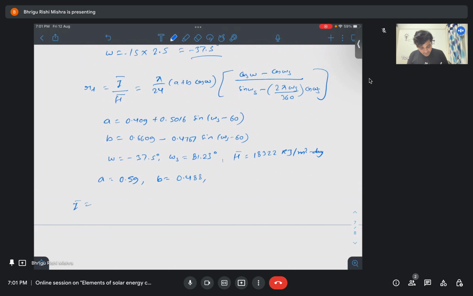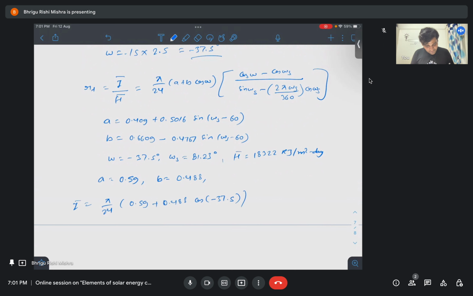So I bar will be pi by 24, and we know a is 0.59, b is 0.488, and we have calculated cos omega, where omega is minus 37.5.